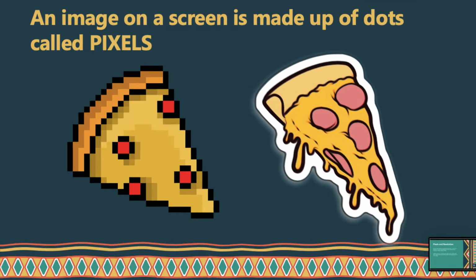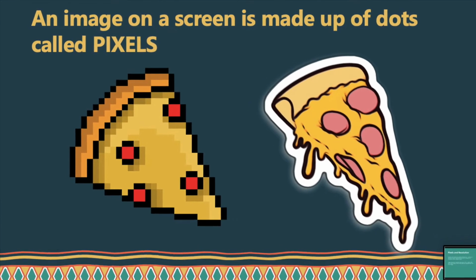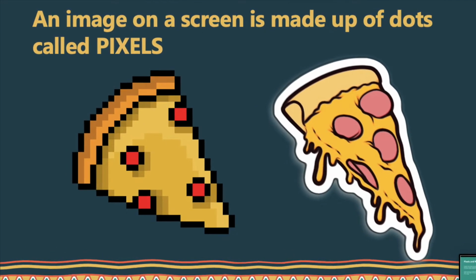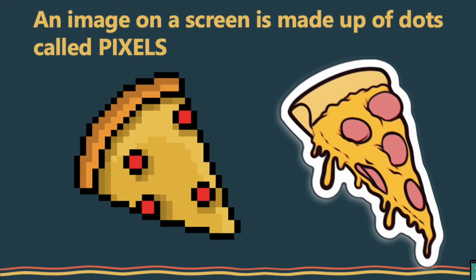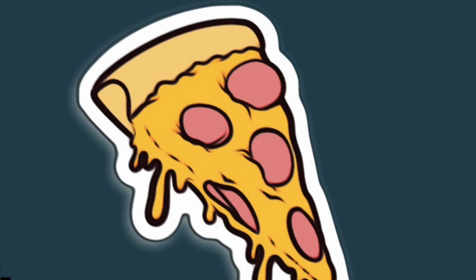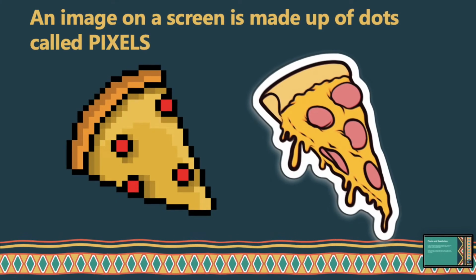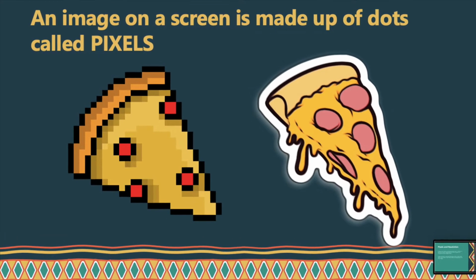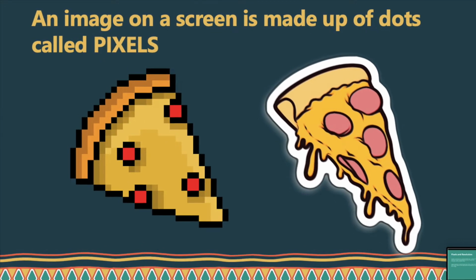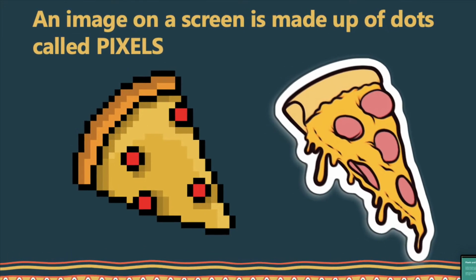It means that the image on the left has fewer pixels. The one on the right, as you can see, is very crisp, very clear, and very sharp. And the edges are very smooth. It means that this is a high quality image, and therefore it is using a lot of pixels per inch.